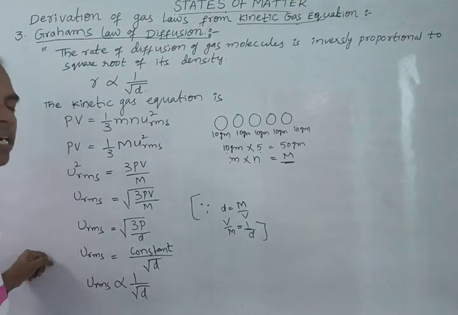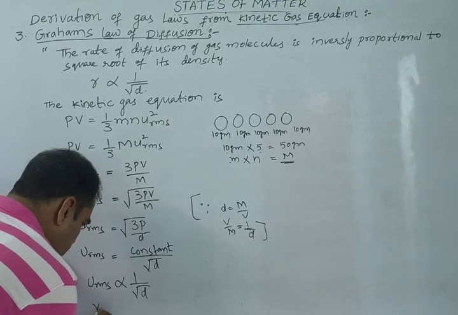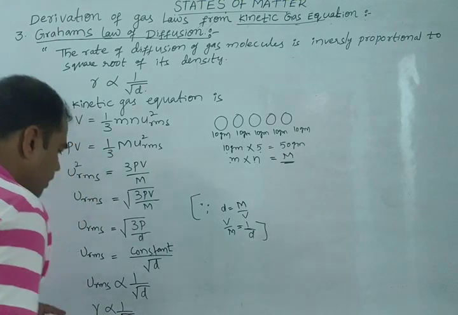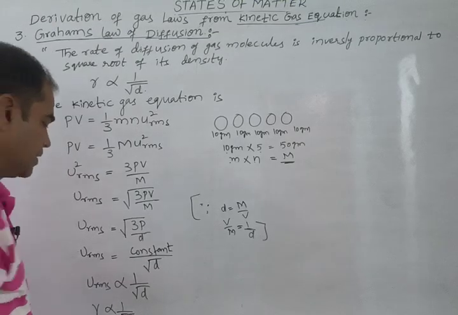The RMS velocity, or the rate of diffusion, is inversely proportional to the square root of its density.